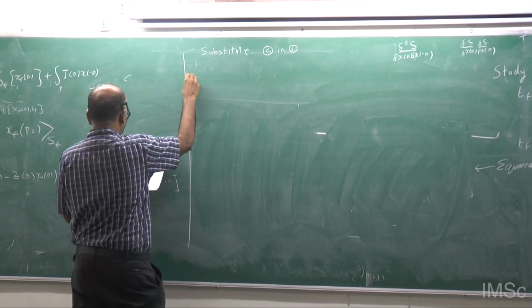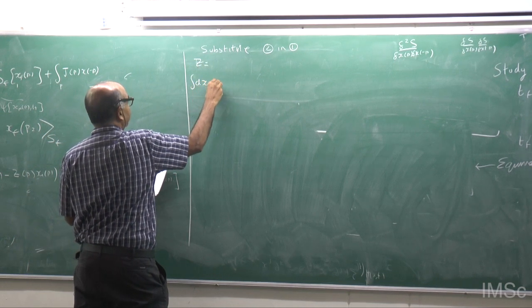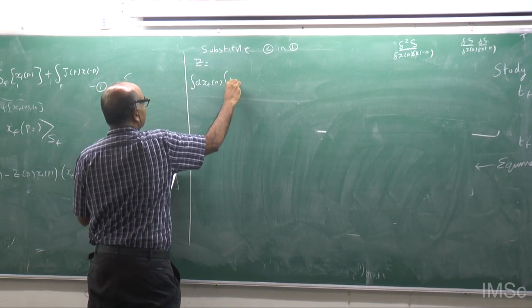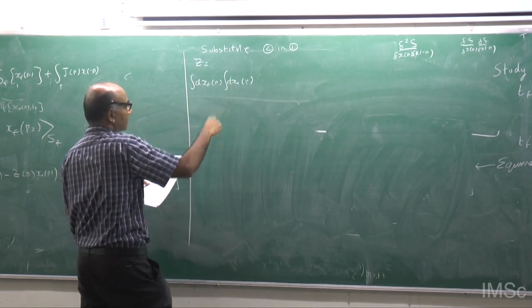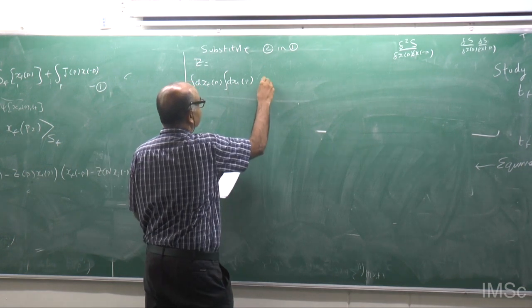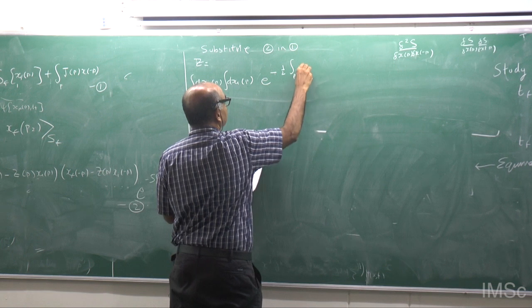So you will get z equals dxfp dxip, these are dummy variables, in e to the power of minus half p.